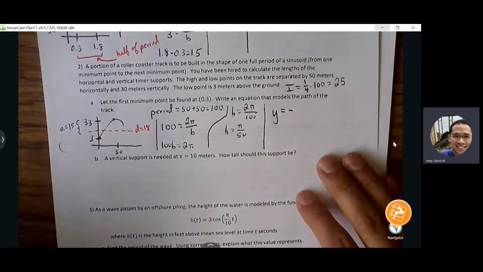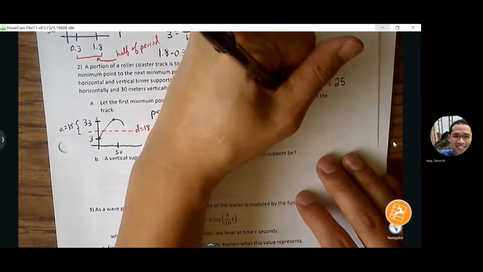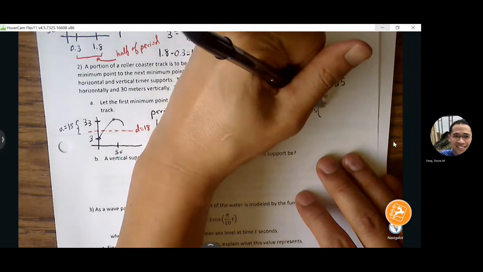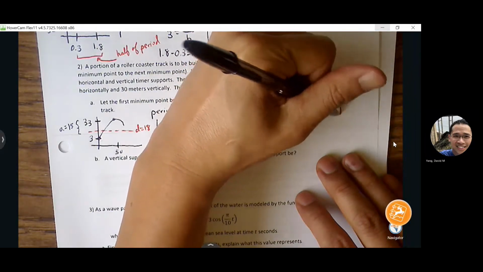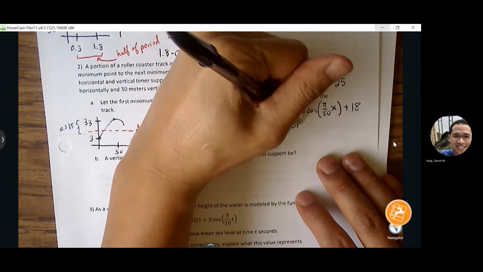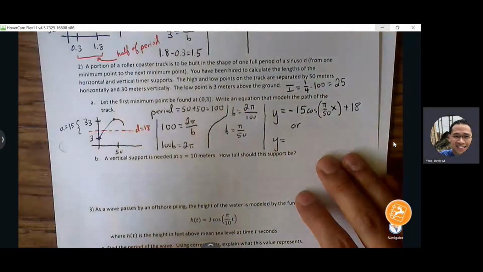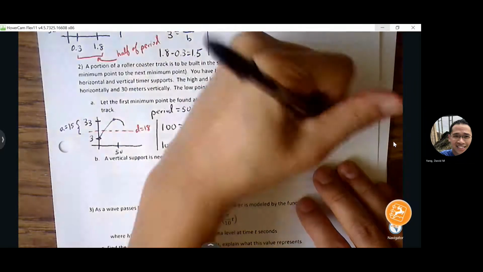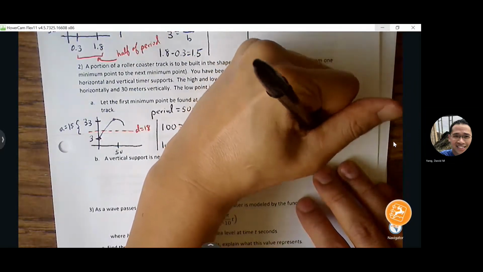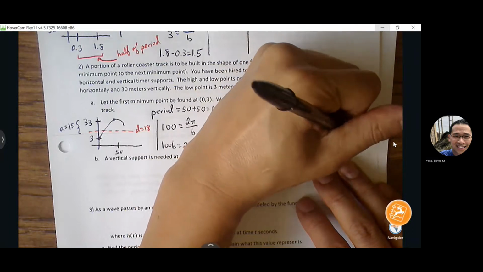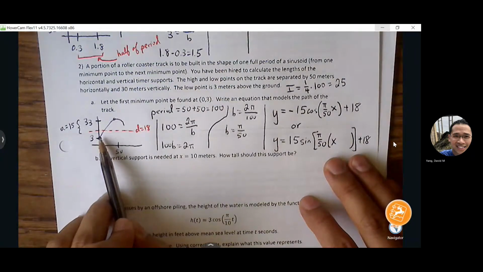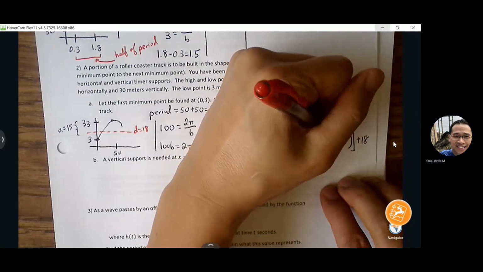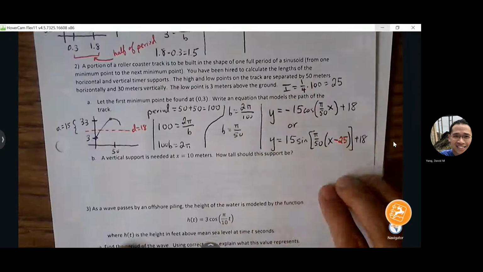So I'll write that equation as well. So the midline is 25 units over. I can do minus 25. This will work as well. Either one works.